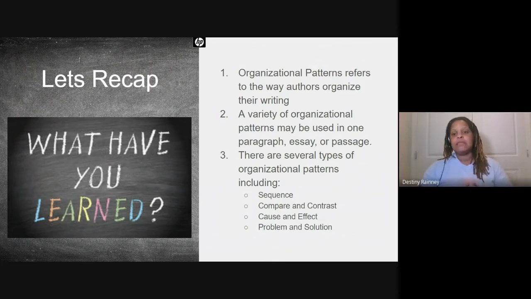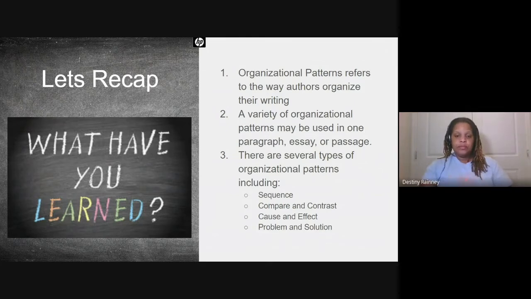There are several types of organizational patterns, and they include sequence, compare and contrast, cause and effect, and problem and solution. Remember that the author's ideas fit together like a puzzle piece to create the organizational pattern. Knowing the organizational pattern can help you, the reader, to find things and develop the main idea.